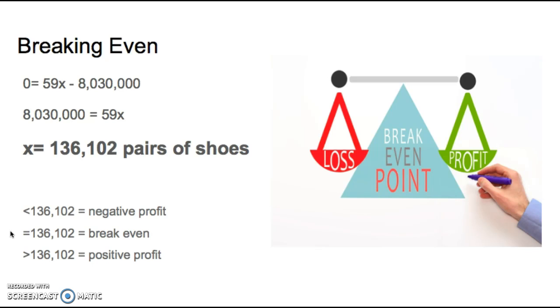We'll be at 0. We will finally have paid all of our costs, and any money that we earn after will be profit. And finally, if we sell more than 136,102 pairs of shoes, we will be making a positive profit. We will no longer have to pay off any costs.